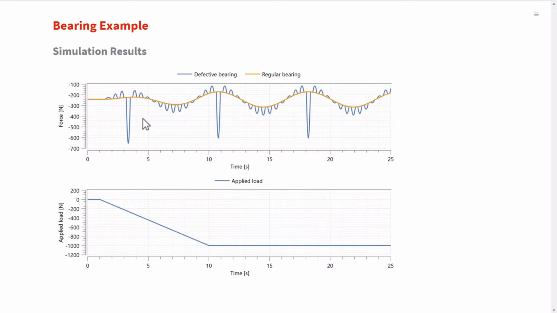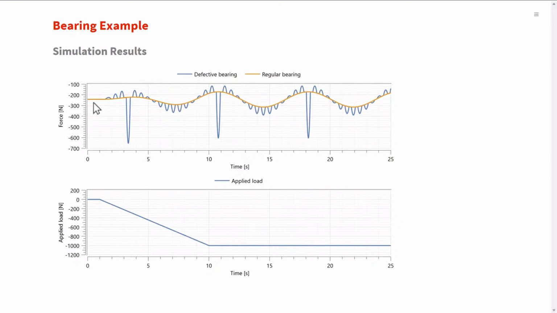Let's look at the blue line here, which shows the roller forces in the defective bearing, and the regular bearing is depicted in orange. Our bearings are preloaded, which is why our simulations begin with constant force.